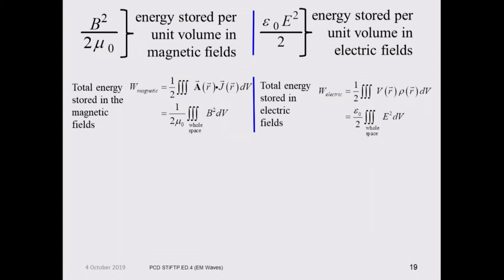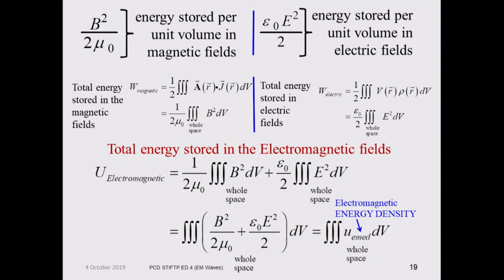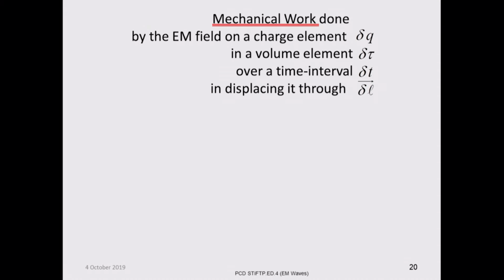So accordingly, you write the overall energy, which is the volume integral of the corresponding densities, and the total energy is the sum of the two. So you have to integrate over the whole space the magnetic energy density and the electric energy density, and the sum of the two is what you can call the electromagnetic energy density. It has now both the components, the electric part and the magnetic part.